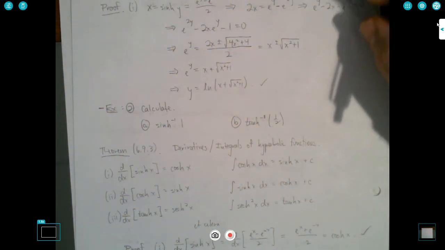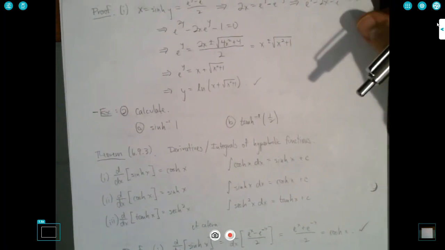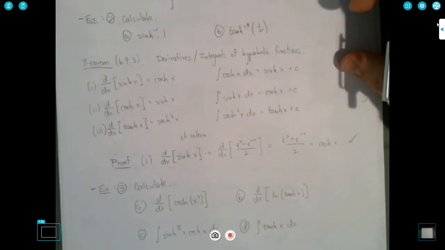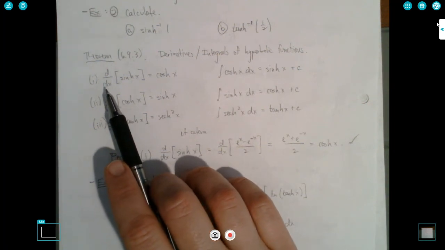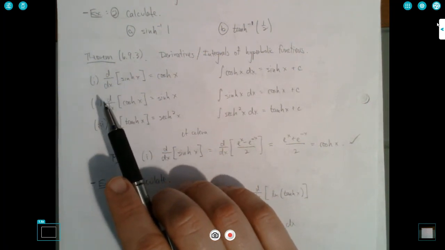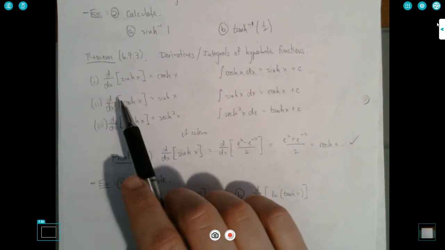What I do want to talk about in maybe a little bit more depth is the derivatives and integrals of these hyperbolic functions. So this is theorem 6.9.3 from the textbook, right? And again, you'll see how nicely this corresponds to the trig functions, right?